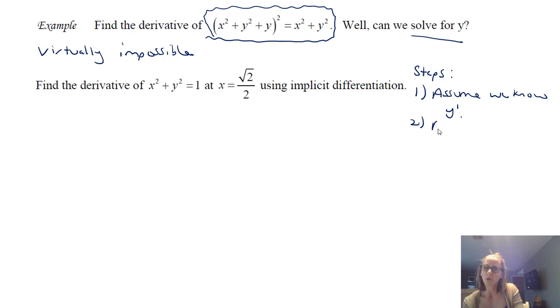Then what we do, and this is the big difference here, is we just differentiate both sides of that equation that you see there. We differentiate the left side and we differentiate the right side.